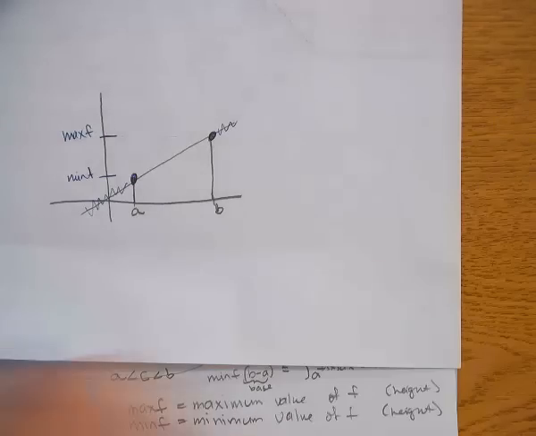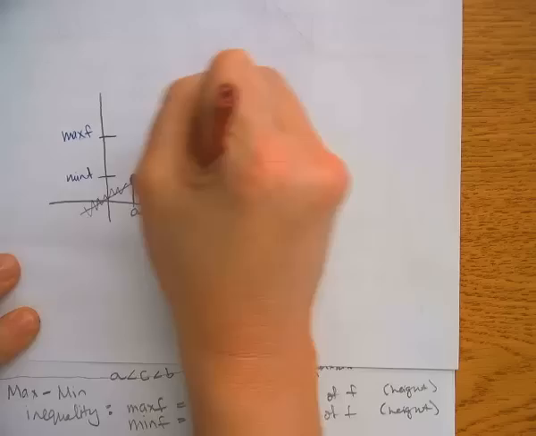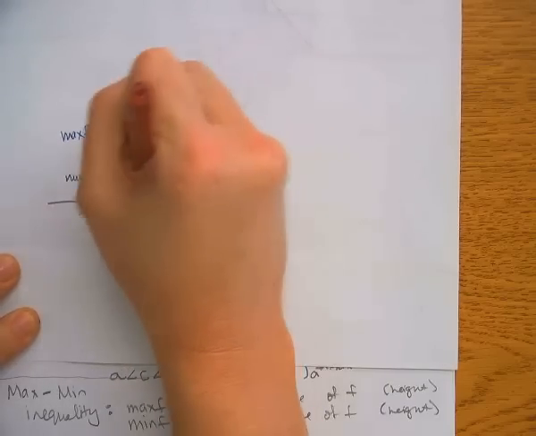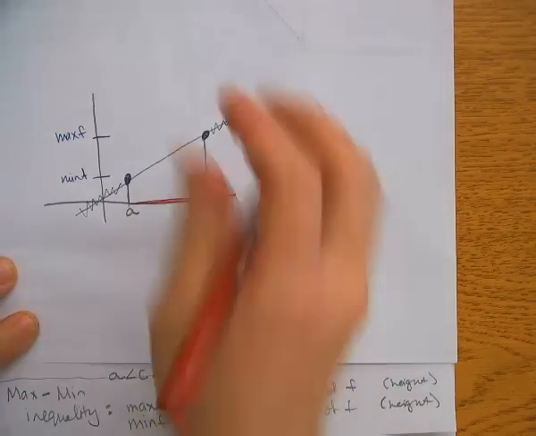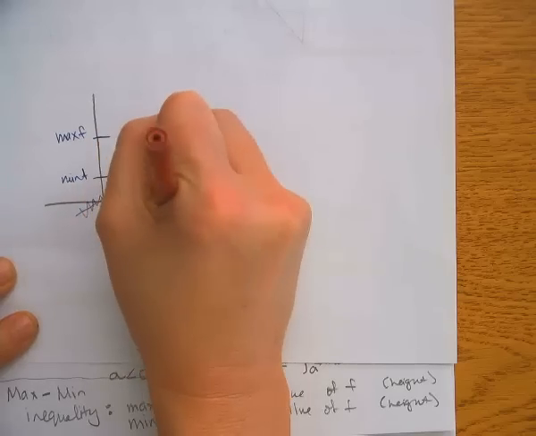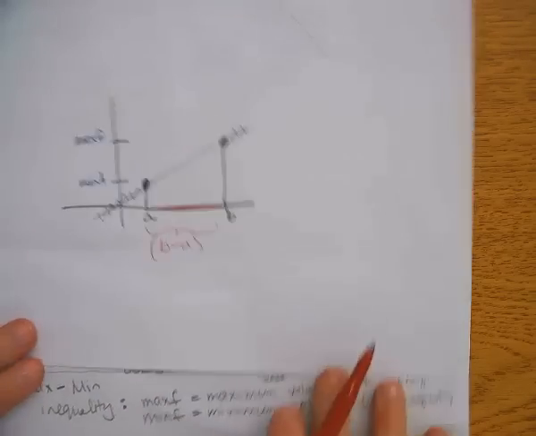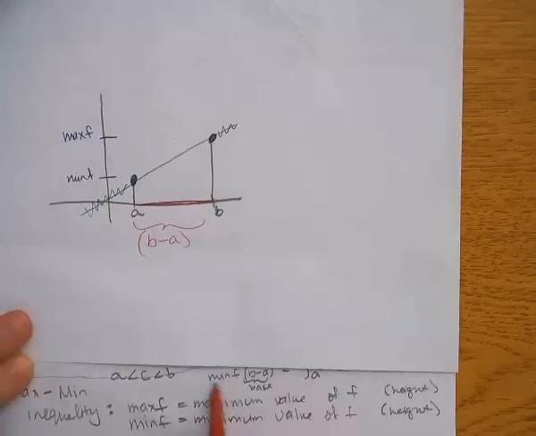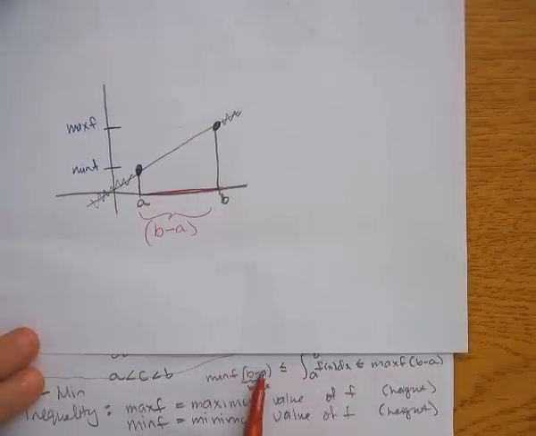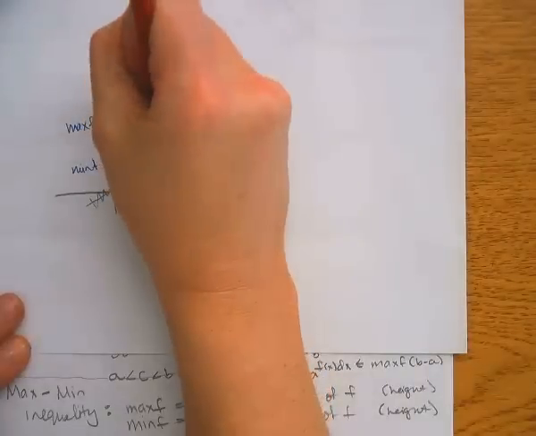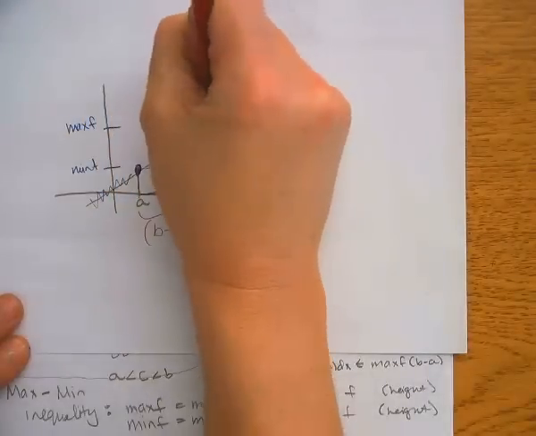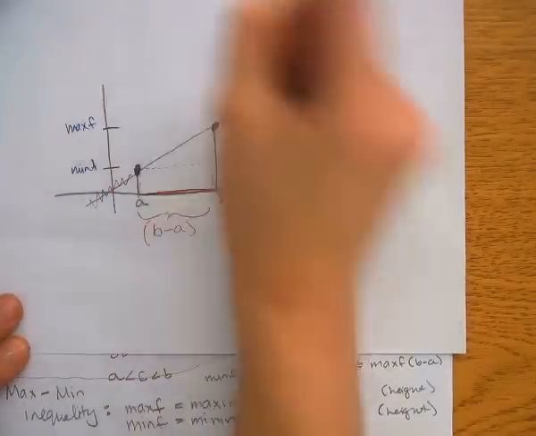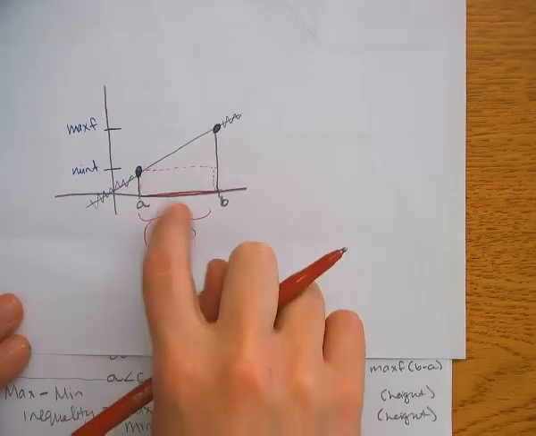Okay, so b minus a then is this length right here. It's the base because it's the difference between b and a. So if I took this minimum value of f, min f, and multiplied it by the base, I basically would have found the area of this teeny tiny rectangle down here, because it's the lowest value of f times the base.